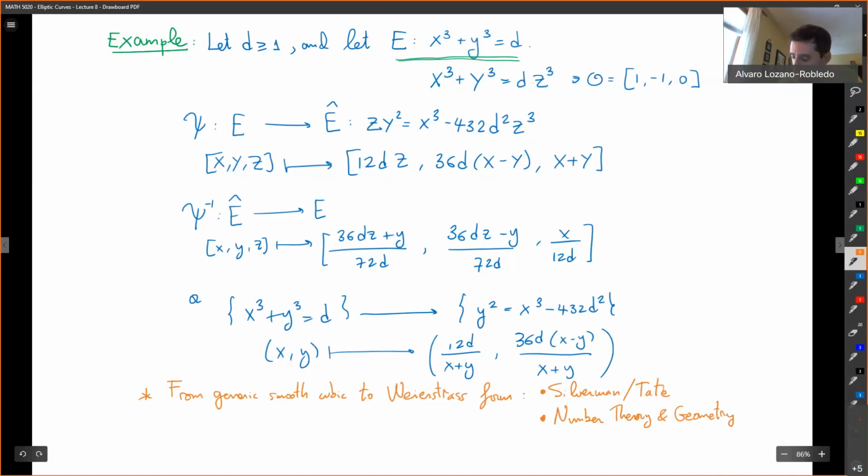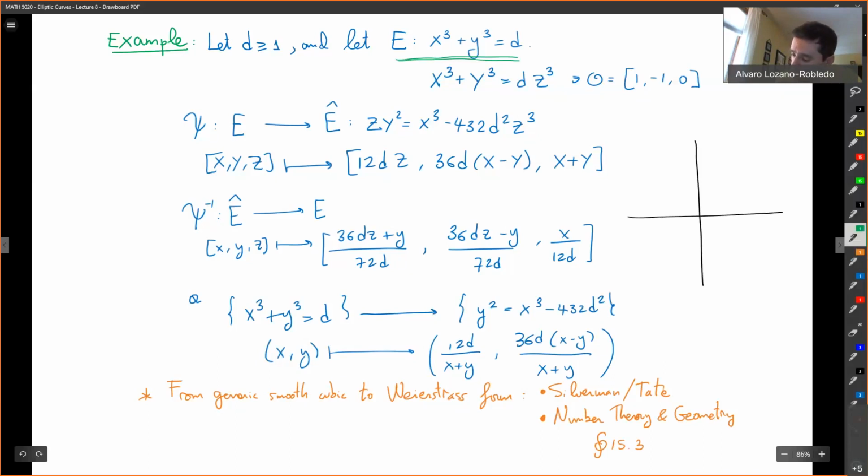So if you look in my book on number theory and geometry in section 15.3, I did it in quite a bit of detail. The point of how you transform into a Weierstrass equation is the following.